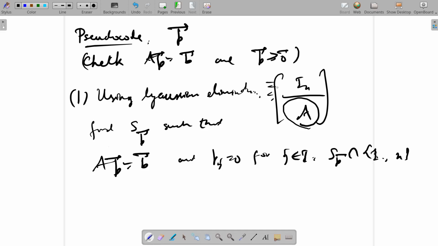Essentially from amongst those, you just have to find something which is maximally linearly independent. That you can do just by using Gaussian elimination.